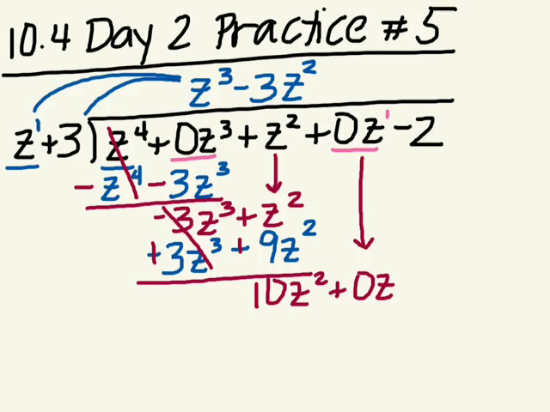Now I want to match z to the 1st with 10z squared. So I'm going to need to multiply that, z to the 1st, by 10z. And again, multiplying through, 10z squared times 3 is 30z. And 10z times z is 10z squared.